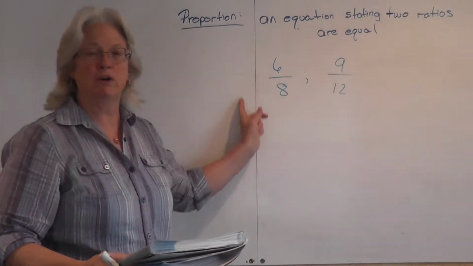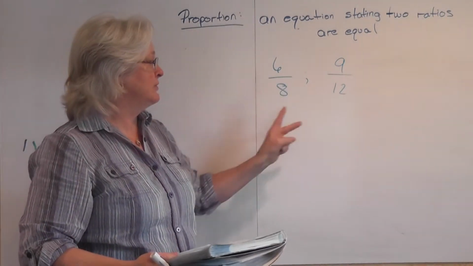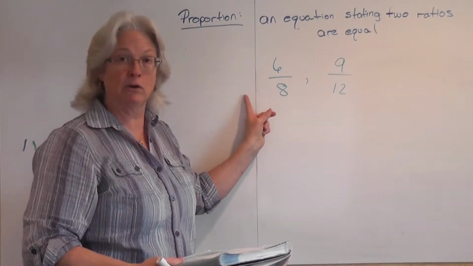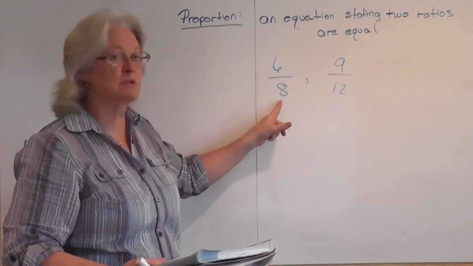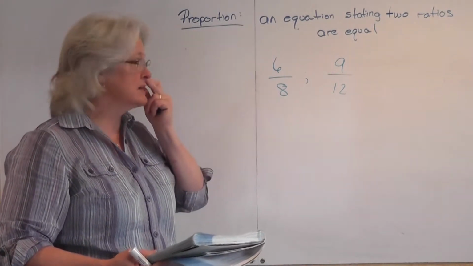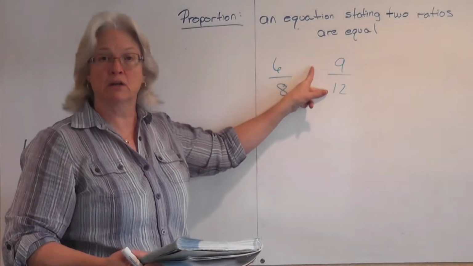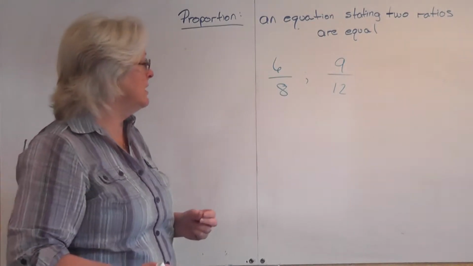The ratio of boys to girls, two different classes, two different total class sizes. How large is this class size here? First class, well, it's 14 students because you have 6 boys, you have 8 girls, you have a total class size of 14. The other class is larger, it's a total number of students in that class of 21.